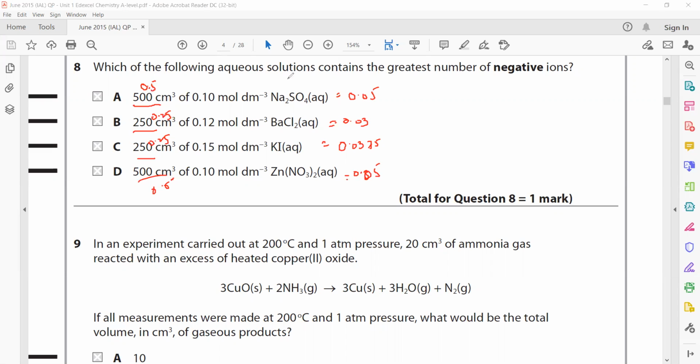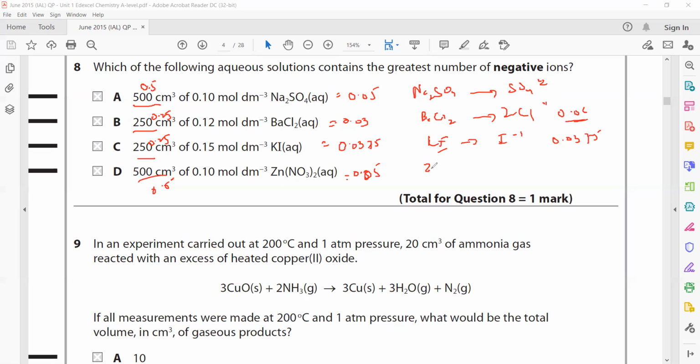But what about the moles of negative ion? When sodium sulfate dissociates, it will only give one sulfate ion, so the same number will be there because the ratio is 1:1. What about barium chloride? When it dissociates, it will give 2 chloride ions. So the moles will be twice, 0.06, because 0.03 times 2. For potassium iodide, it will also give 1 mole of negative ion, so it will be the same as 0.0375.